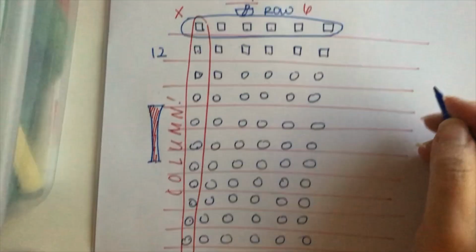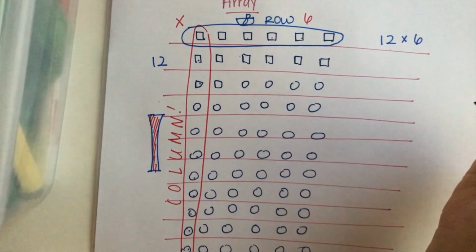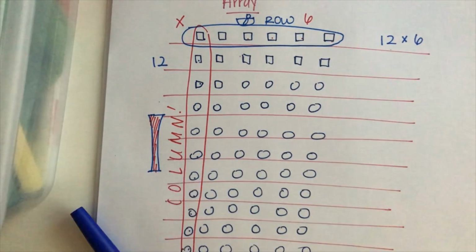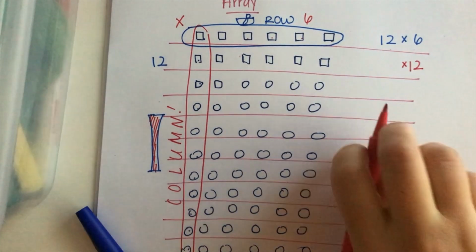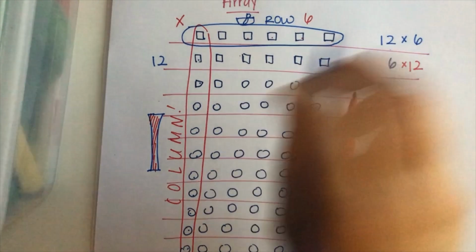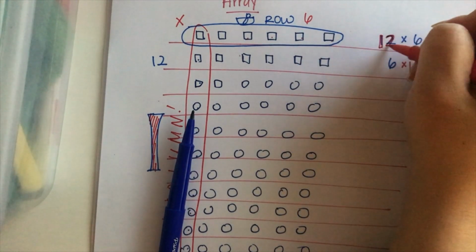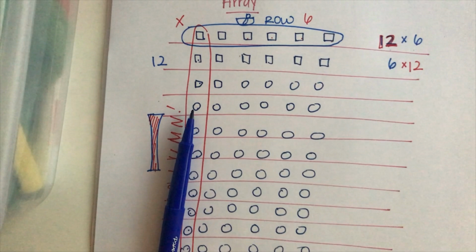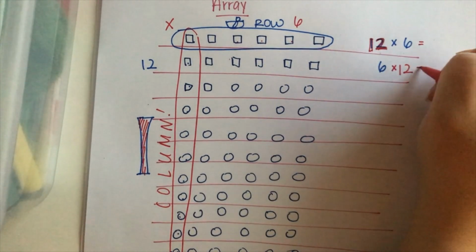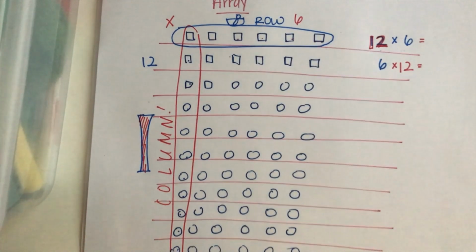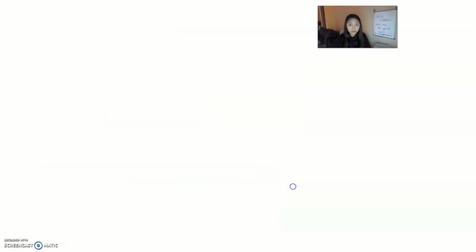You are technically doing 12 times 6, or 6 times 12. I want you to see the column and row action. And technically, if you add the whole thing up, there is 72.